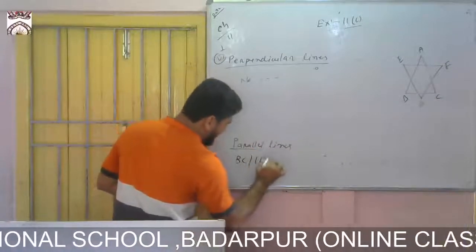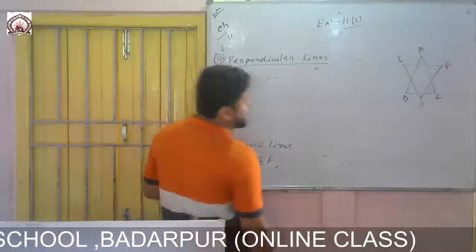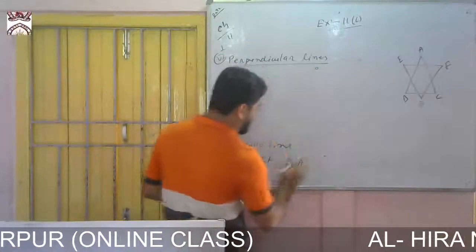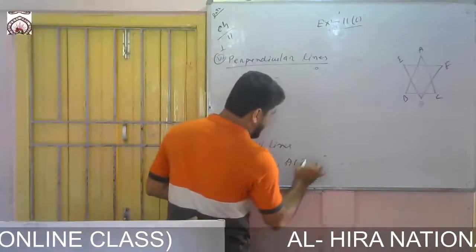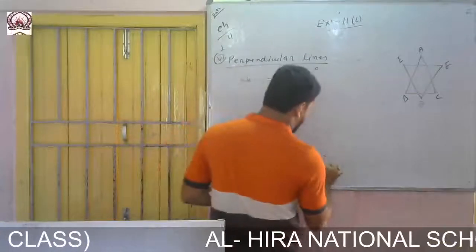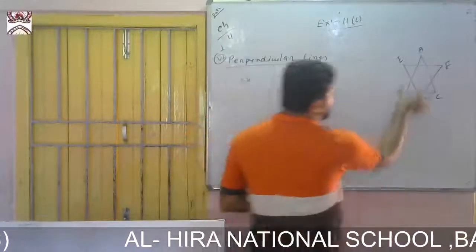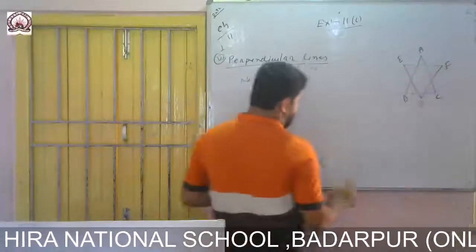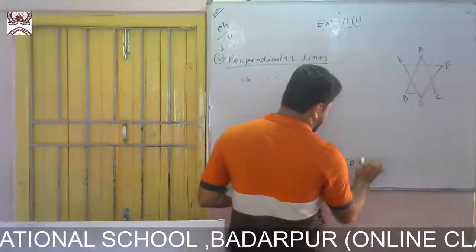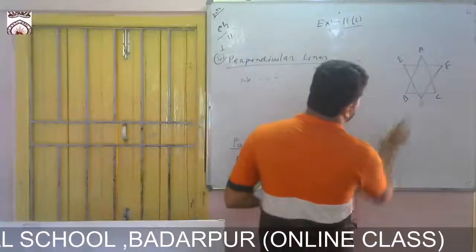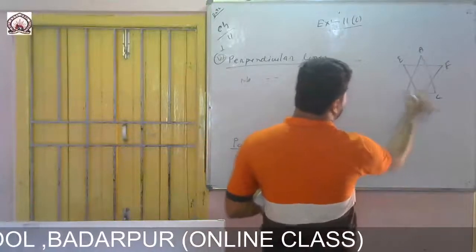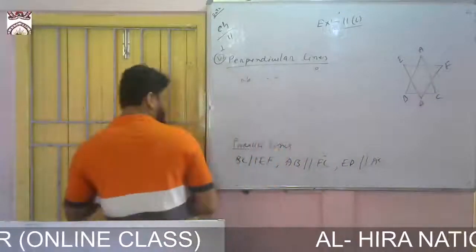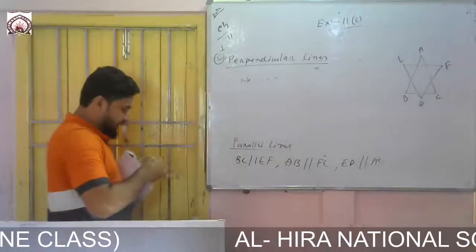Then I can write AB parallel to FC. Okay, these two lines are parallel, and this one, ED, is parallel to SC. Okay. So these are the parallel lines.